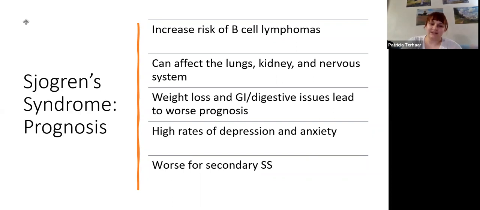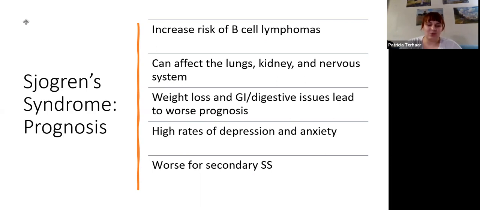But more recently, they found that because of the way it attacks the glands, it can affect the lungs, kidney, and nervous system in a way that can lead to a worse prognosis than was previously anticipated. Weight loss and GI and digestive issues can also lead to a worse prognosis for patients.